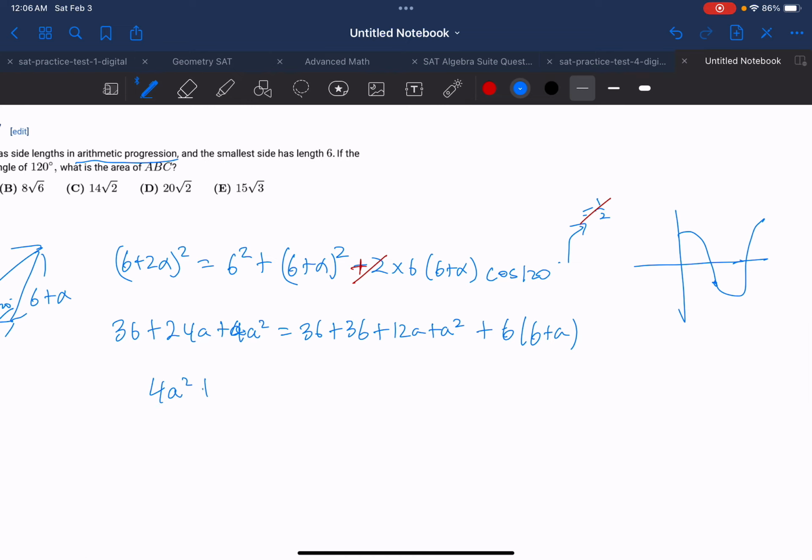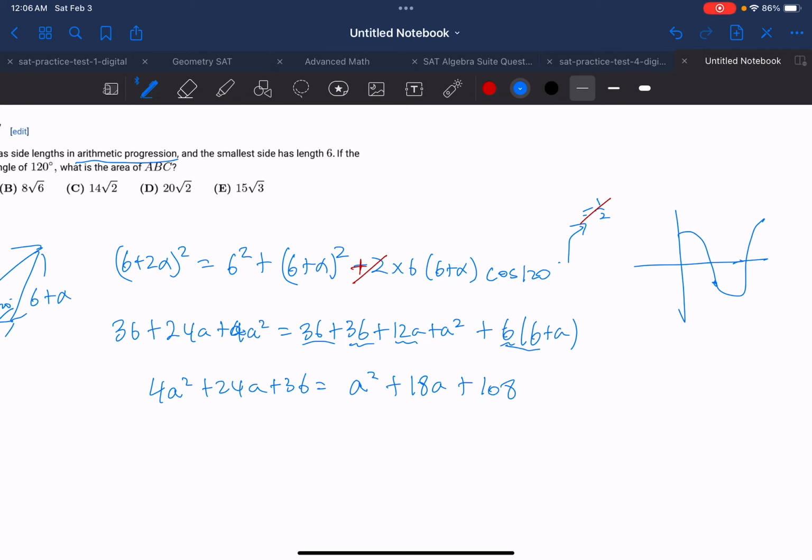If we simplify this even further, we get a squared plus 12a and 6a, so 18a, plus 72 and 36, so 108.